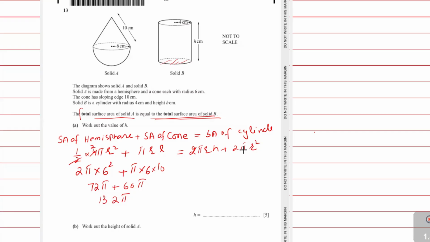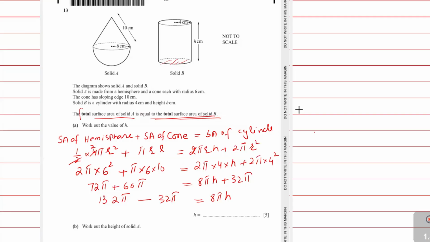Therefore, this will be equal to 2 into pi into radius 4, height h, plus 2 into pi into radius 4 square, and we can write this as 8 pi h plus 32 pi, and this will be equal to 132 pi. The 32 pi we shift from right to left, and it becomes minus 32 pi.